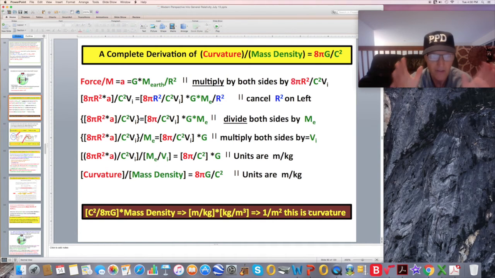You take the Earth and multiply by c squared divided by 8 pi g. That's the inverse of the thing above. Multiply that by the mass density, and you end up with 1 over meter squared, which is the curvature. The curvature that the mass density of the Earth imposes on the nearby space-time.